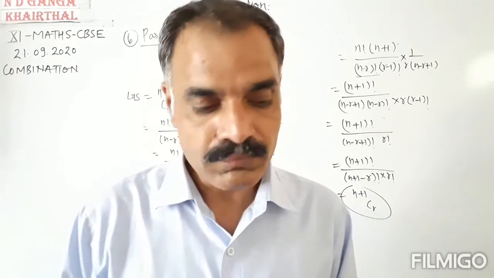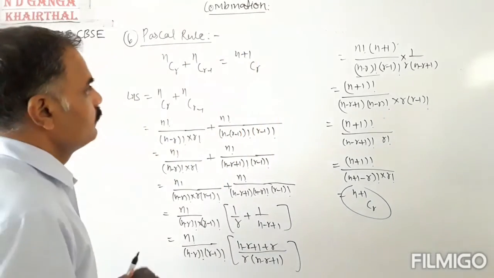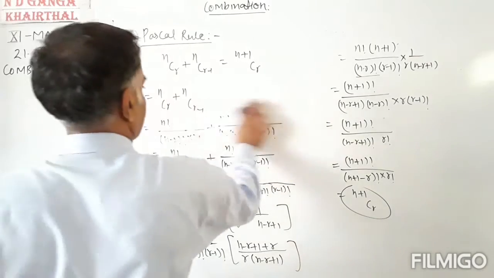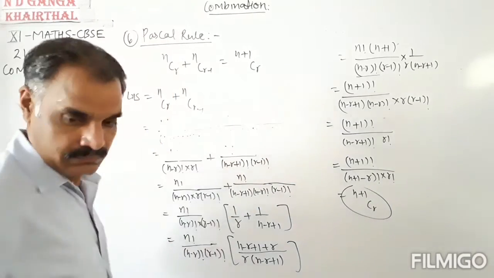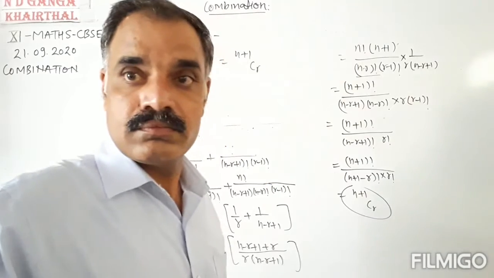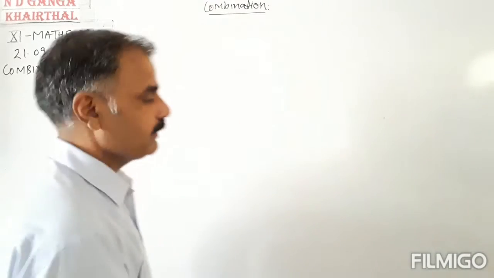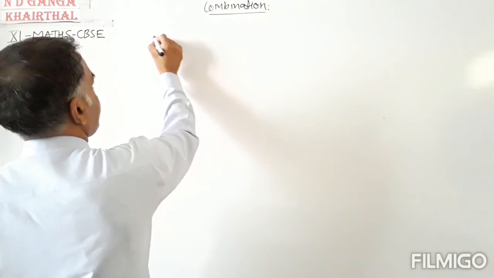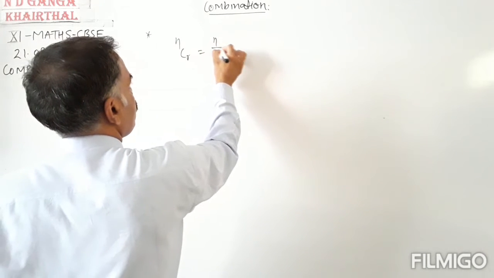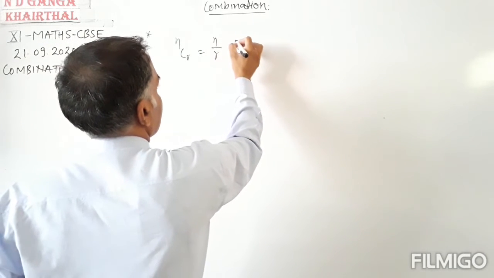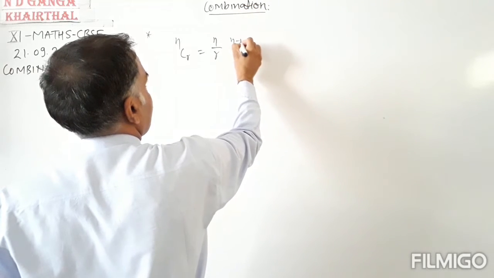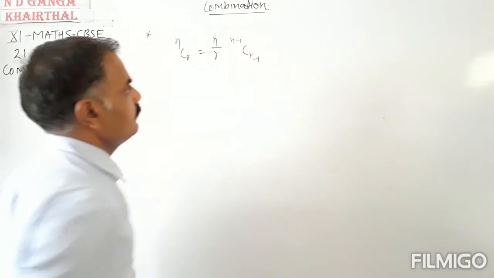Now let us take some more properties. The next property is NCR equals n upon r into n minus 1 C r minus 1.